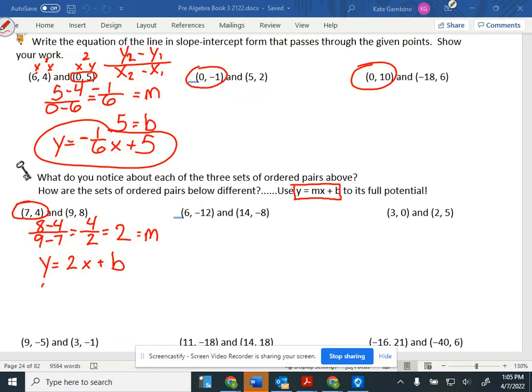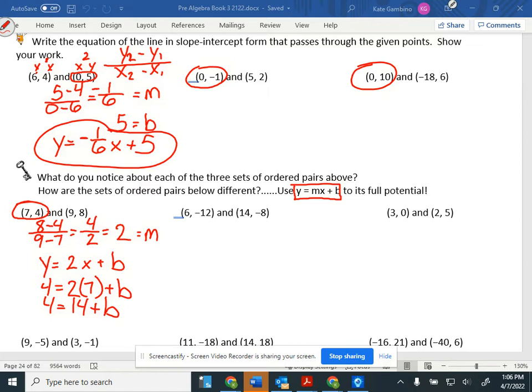So, Caitlin, what would it look like? 4 equals 2 times 7 plus b. So when we put in that ordered pair, now I only have one variable. I only have the b. So now I solve for b. 4 equals 14 plus b, because 2 times 7 is 14.